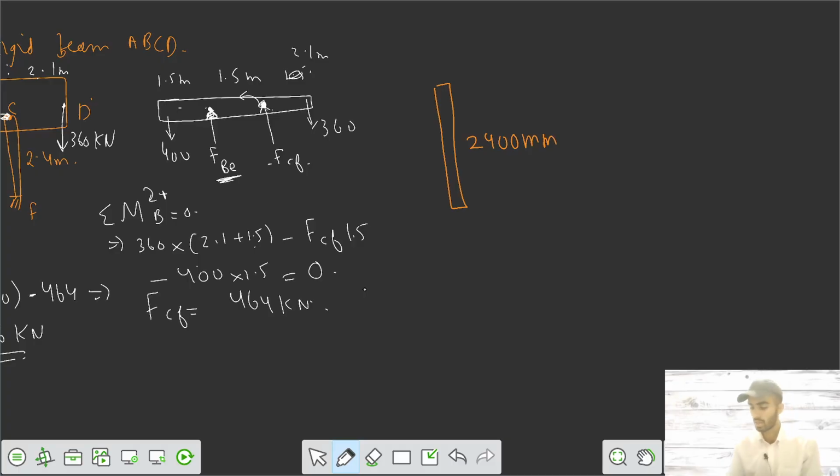The cross-section area of CF was 9280 mm square, and E we already know, steel, 200 gigapascal. If the force in the rigid beam is FCF upwards, it has to be downwards in the bar CF. So this is also getting shortened.